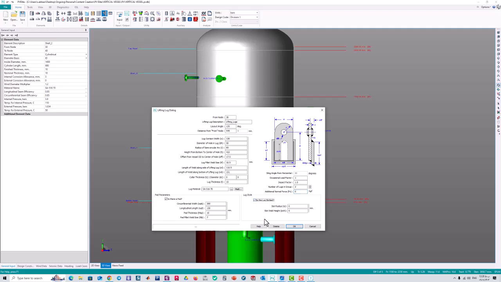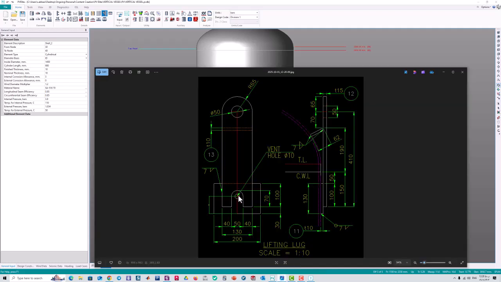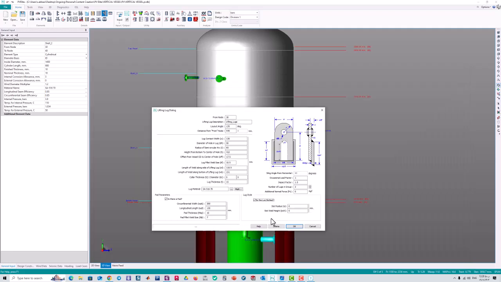The lug is slotted at the bottom in accordance to the DWG, and we put the dimension of the slot over here.